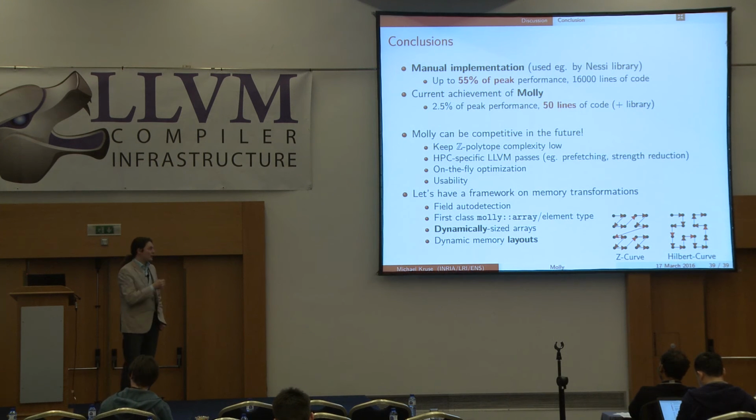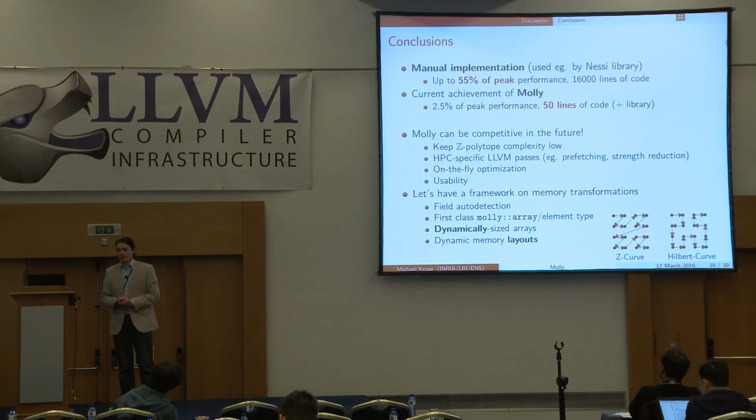So, for instance, what you see on the right, if instead of tiling you would apply so-called space-filling curves, Z curve or Hilbert curve, which would make that independent of what cache sizes are actually in use and how many levels of it.